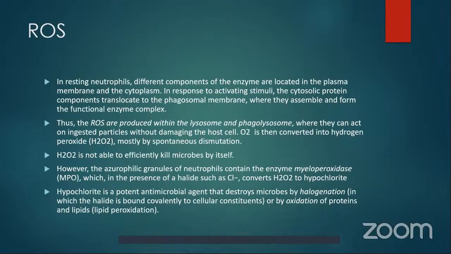In response to activating stimuli, the cytosolic protein components will translocate to the phagosomal membrane, where they assemble and form the functional enzyme complex. So, this will result in reactive oxygen species, which are produced within the lysosome and the phagolysosome, where they will act on the ingested particles without damaging the host cell.